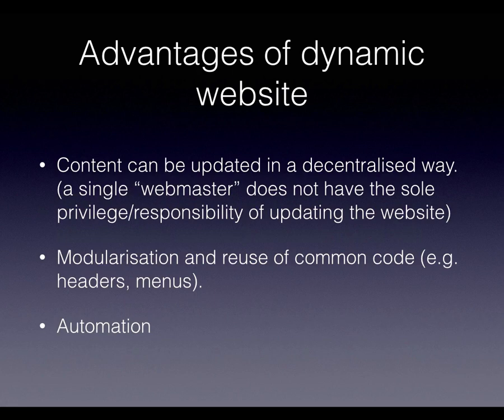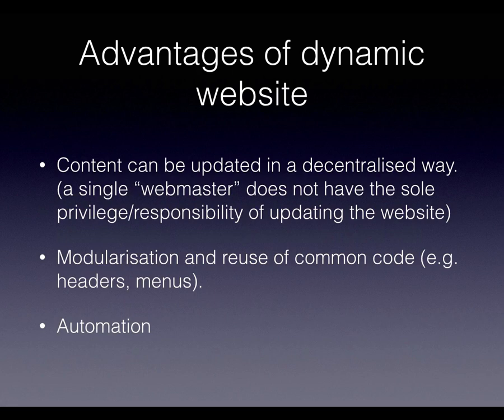So this solves the issue we were talking about before, whereby if we have that 10-page website and we change the menu, we have to go and change it across every page. What we can do is split up the design of that page into little modular bits, and essentially have one file that represents the header, a file for the menu, a file for the content, and a file for the footer, and in any page that we need them, we simply include those with one line of code.